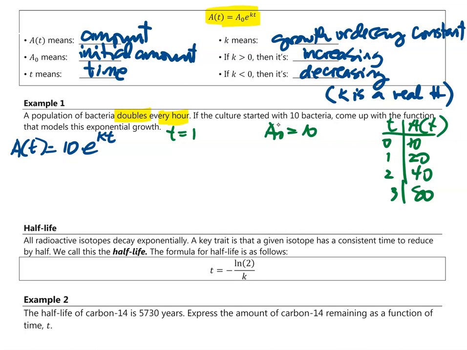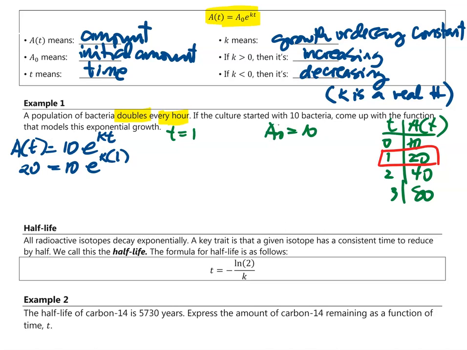A of 0 is equal to 10, and let's use this second. At the end of the first hour, it was 20. T is 1.